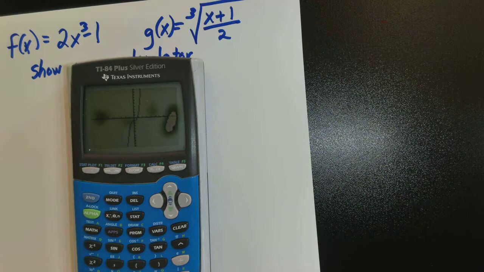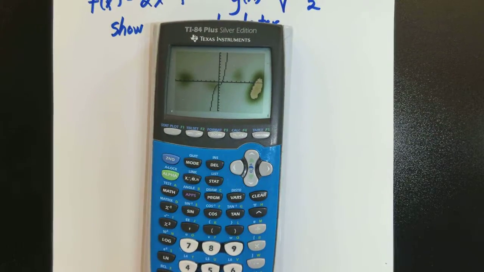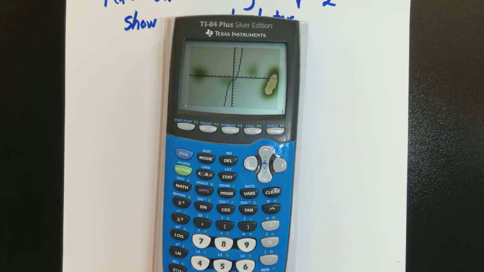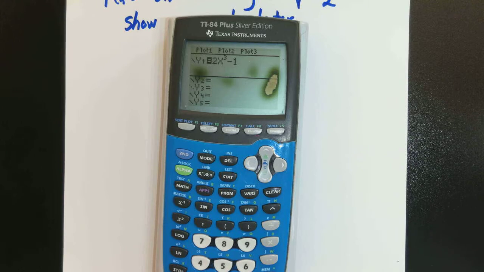Okay, something like that. Look at your function. Check real quick. Hit the zoom and then 6. You're just seeing a small part of it, and it kind of looks like a straight line. Okay? All right.